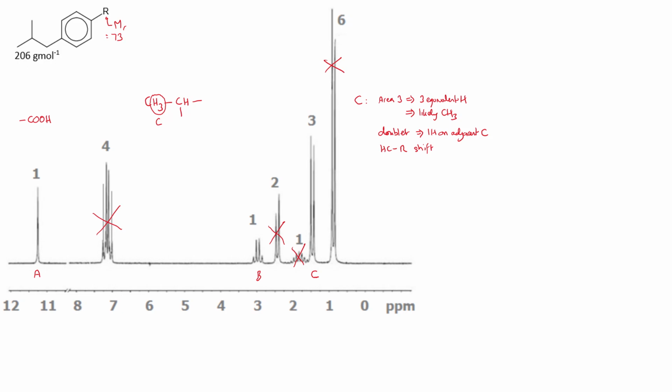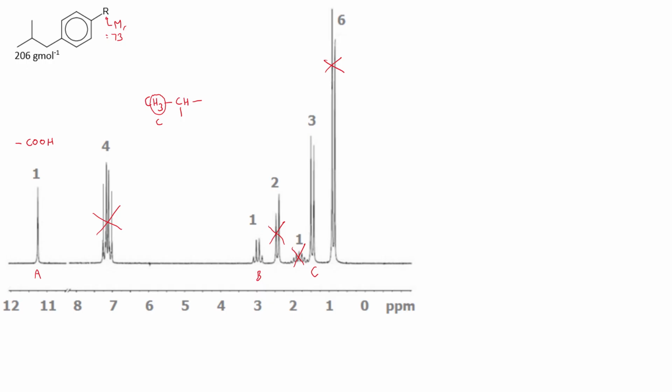Peak C is bonded to a CH, and because carbon has to have 4 bonds, there must be 2 other things attached to that CH. And we now just have 1 peak left to account for. Of course, that peak must be the one that comes from this CH, because it's got to appear somewhere in the spectrum.